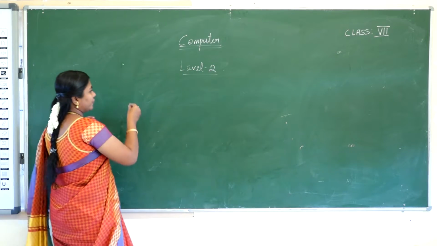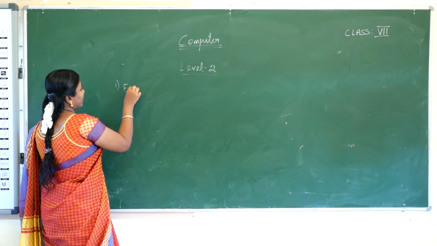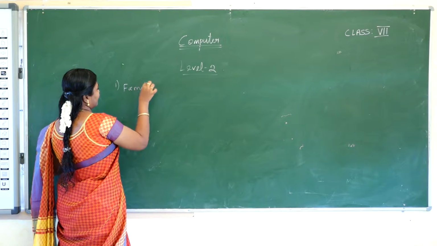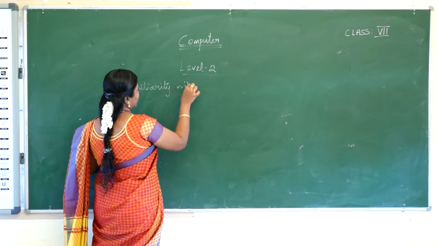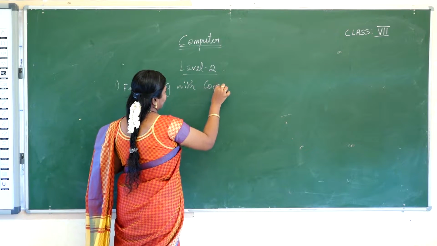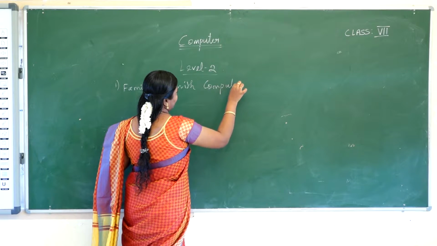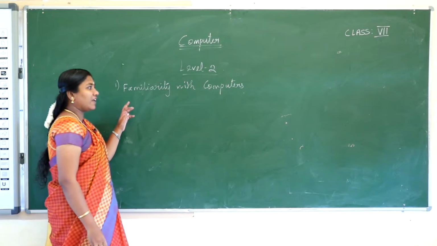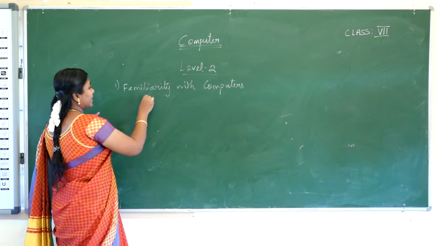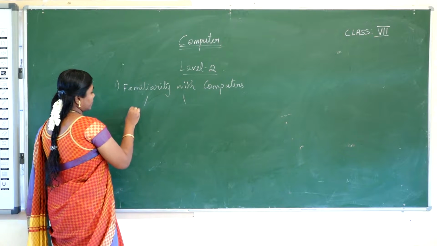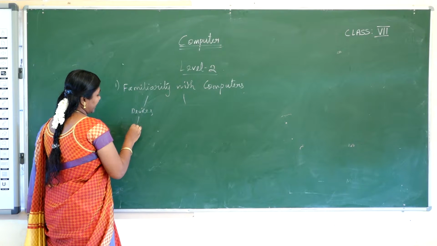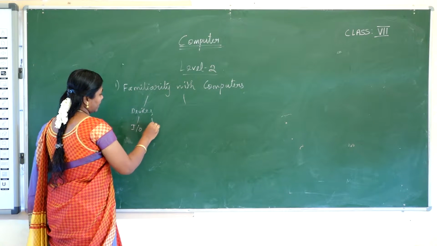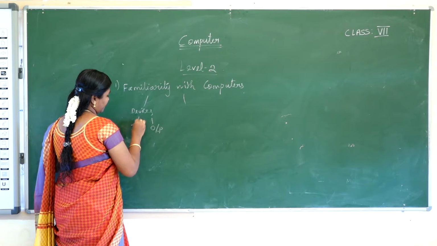So in level 2, first one, familiarity with computers. In familiarity with computers, you will be learning two things. The first one, the devices, that is the input devices, and the other one is the output devices.